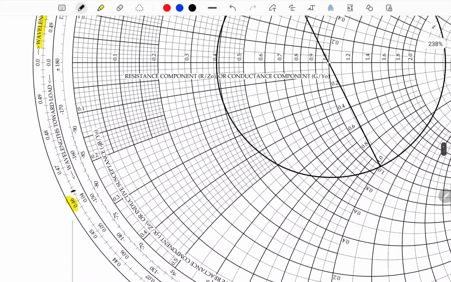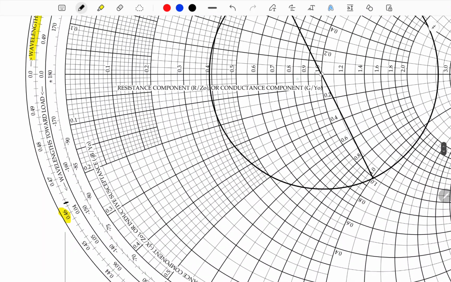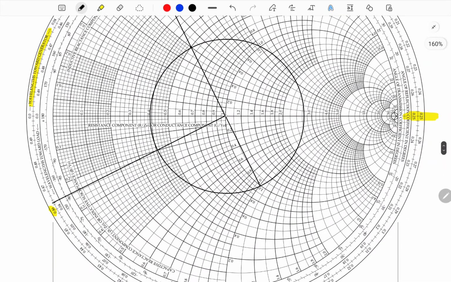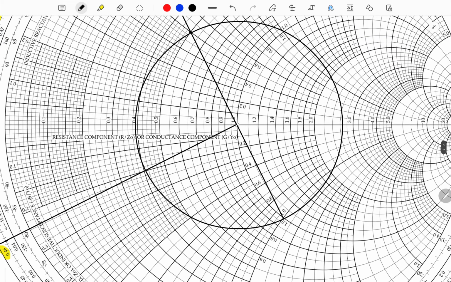And now we're going to draw a line from this dash all the way from the middle, like this. And now the way we look at the new point for the impedance at the generator is we look at our VSWR circle and look at where they connect, which is right here.